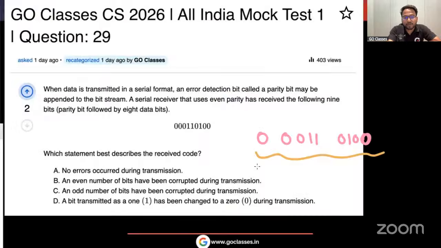So we are using even parity. Can there be an even number of errors? Which means, is it possible that two bits got flipped, or maybe 4 bits got flipped, or something like this? Just think about it.